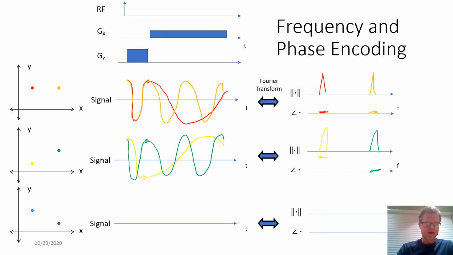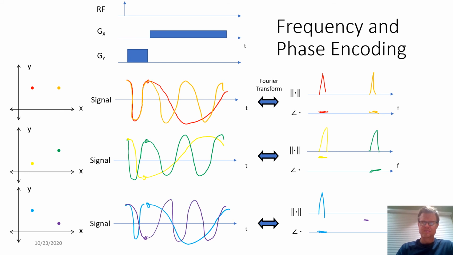And then if we go through the final example here, we have blue gets its large amount of phase accumulation during the phase encoding gradient, and low frequency, but it's got this high, so 2 pi phase accumulation, whereas the purple location has sort of an intermediate amount of phase accumulation at the high frequency.